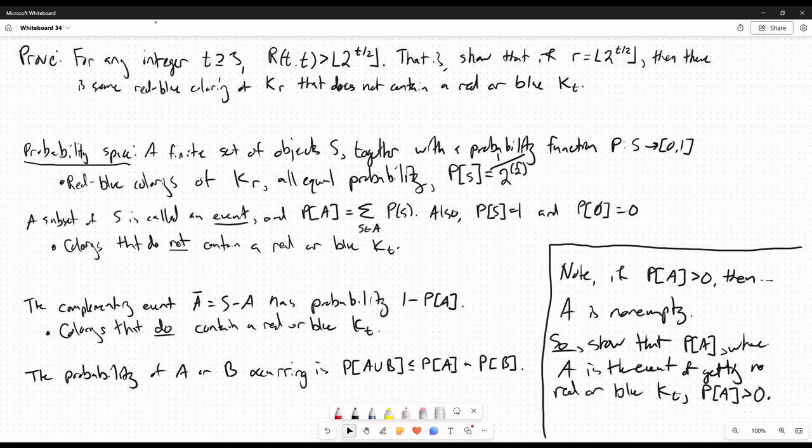So I need to subtract away everything that's in the intersection. Remembering that the cardinality of A union B equals the cardinality of A plus the cardinality of B minus some overlap, that's going to be less than or equal to the cardinality of A plus the cardinality of B.